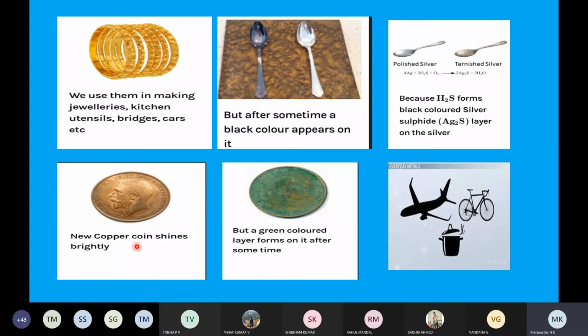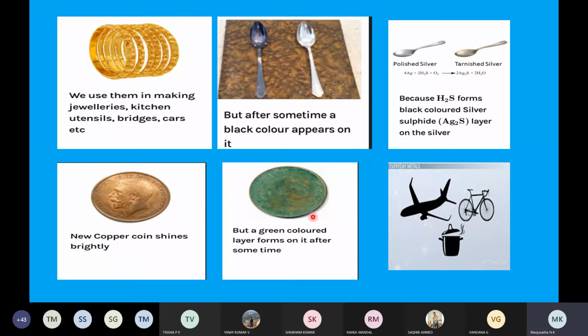Take another example, a copper coin or any copper material. Once it is exposed to the surrounding environment in the presence of air or oxygen and moisture, a green precipitate forms on the surface of the copper metal.